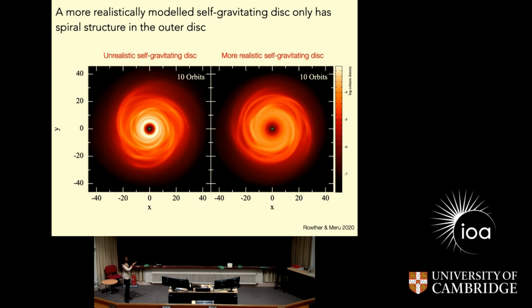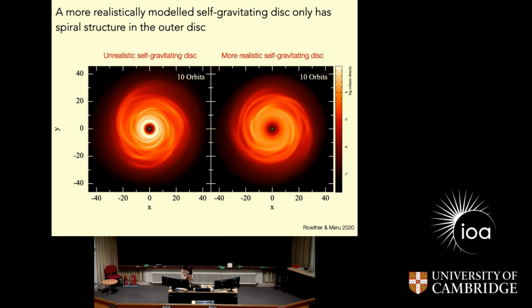On the other hand, what we have on the right-hand side is what I call a more realistic simulation, right? We have turbulence in the outer part of the disk, which is what we expect for self-gravitating disks, but in the inner part, it's a lot more smooth, a lot more quiescent. And so what will happen with regards to the planets interacting with the disk will be very different to what you have in a disk which is entirely turbulent.